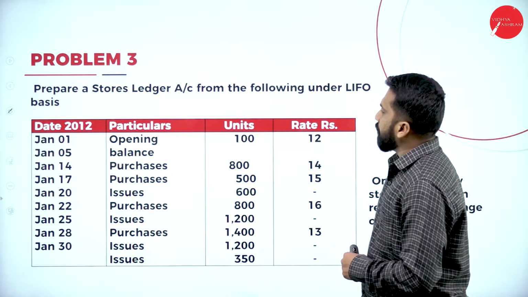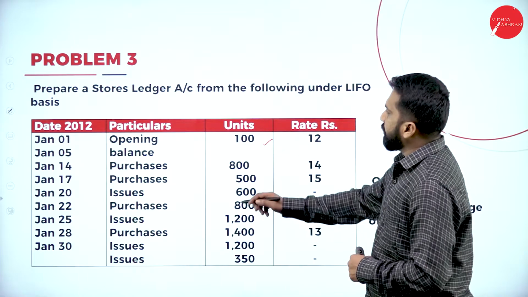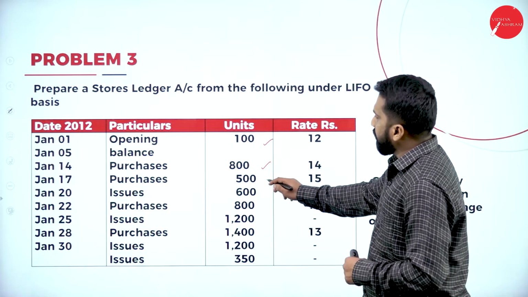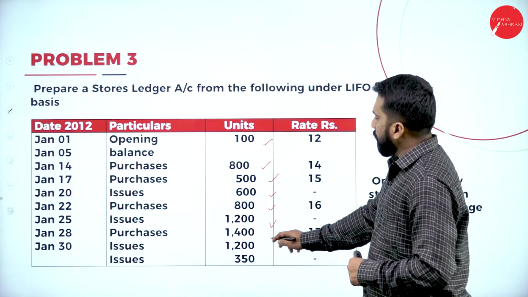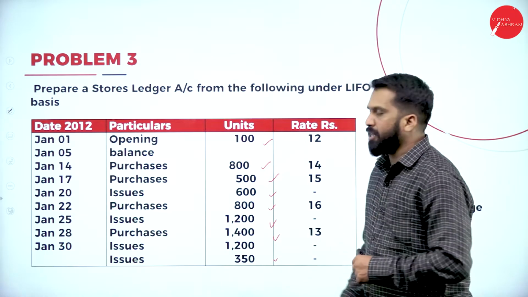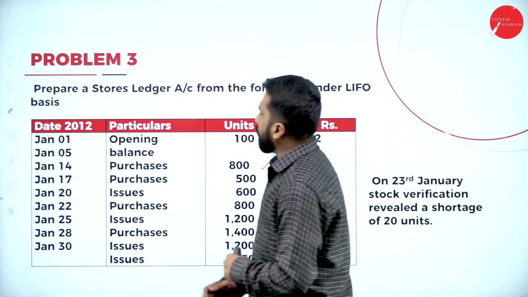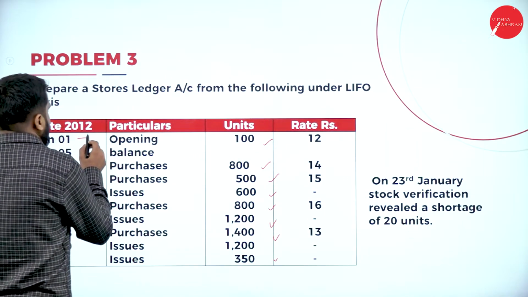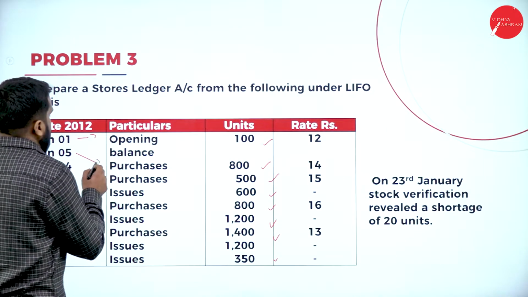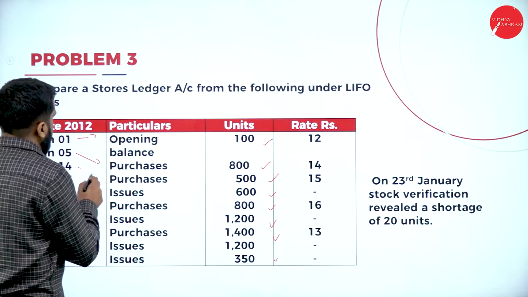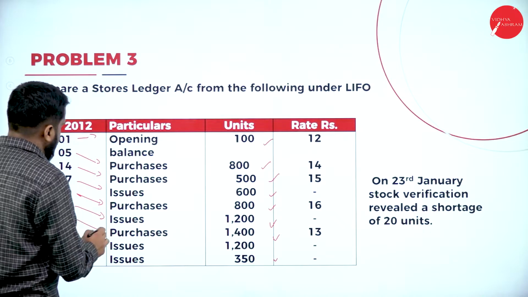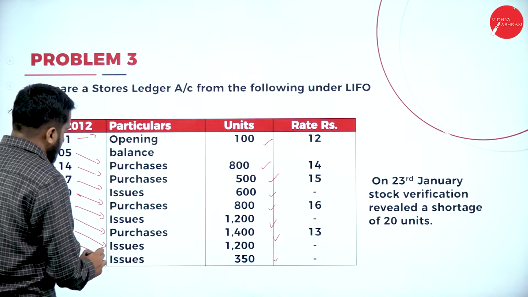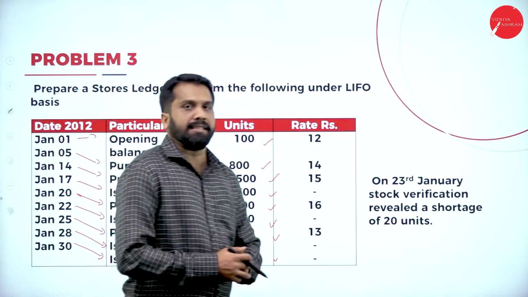First one, your opening balance. Next, purchases, issue, purchases, and finally we have issue. The dates are January 1st, then January 5th, 14th, 17th, 20th, 22nd, 25th, 28th, and 30th.